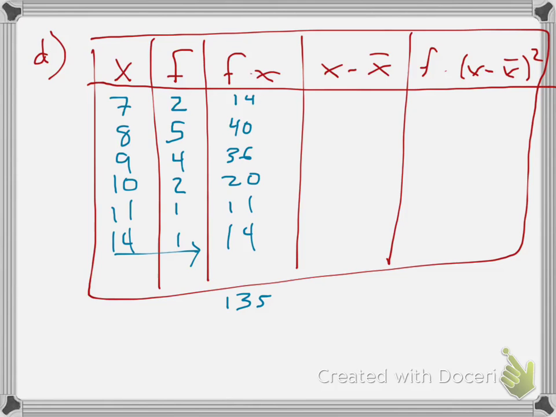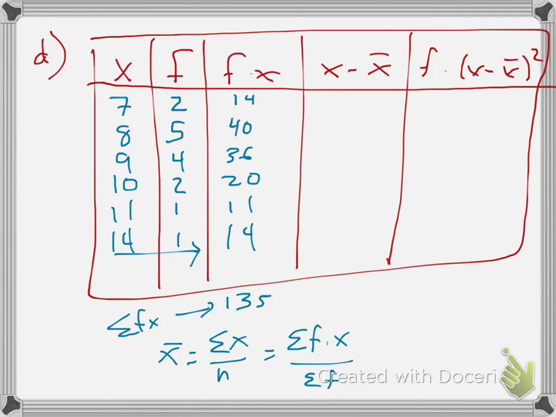So what am I going to do with this? This number right here is actually going to be my total sum of all the x's. Technically it's the sum of the frequency times x, but there are 2 ways to calculate the mean: either the sum of all the x divided by the sample size, or the sum of all the x times the frequency.